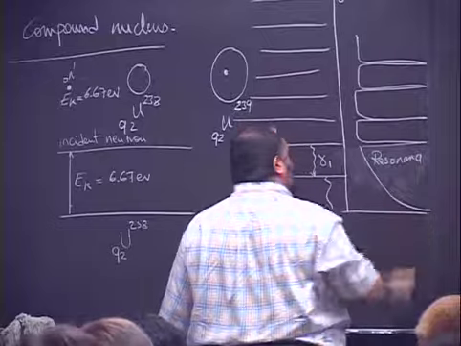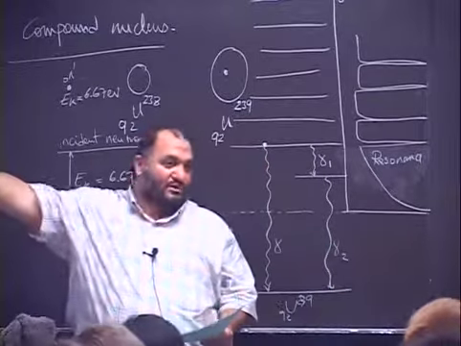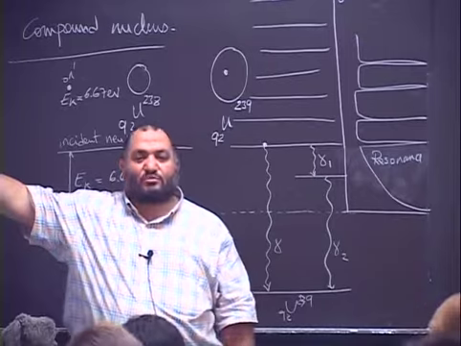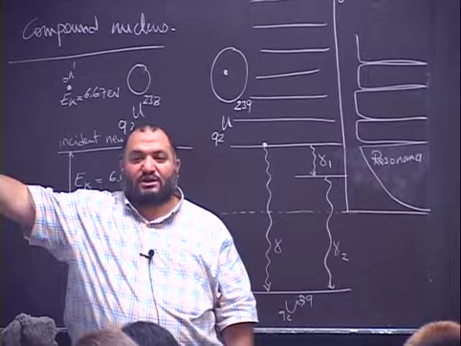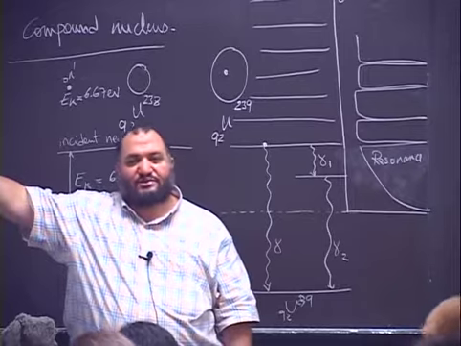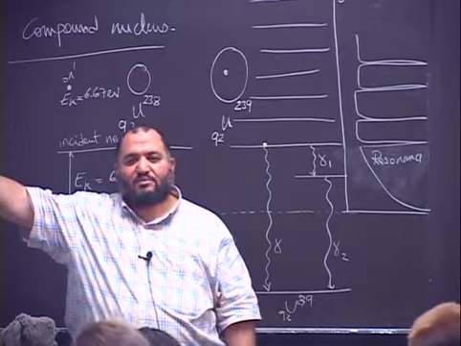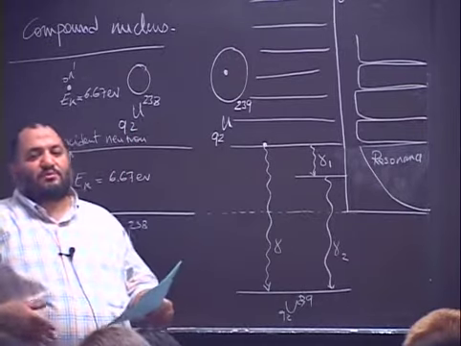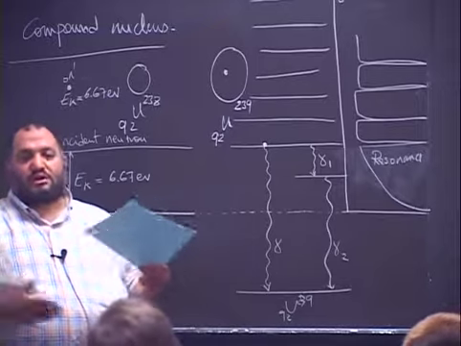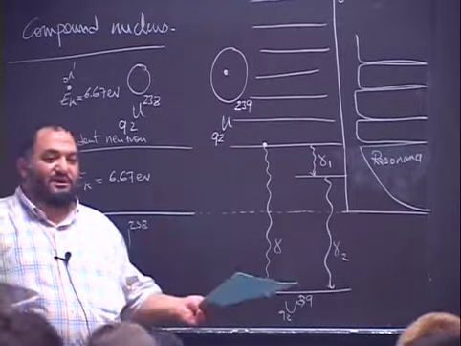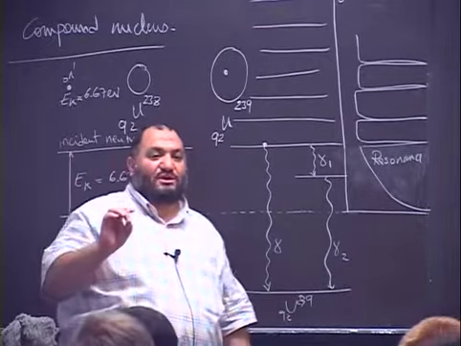Why is it called resonance? It's exactly like the resonance in an electric circuit. When you have a circuit composed of a capacitor, inductor, and a resistor, the impedance of the circuit is minimum when the capacitive and inductive reactances are equal, because one is leading by 90 degrees and the other is lagging by 90 degrees, so they cancel each other, and you have only the resistor remaining in the circuit.